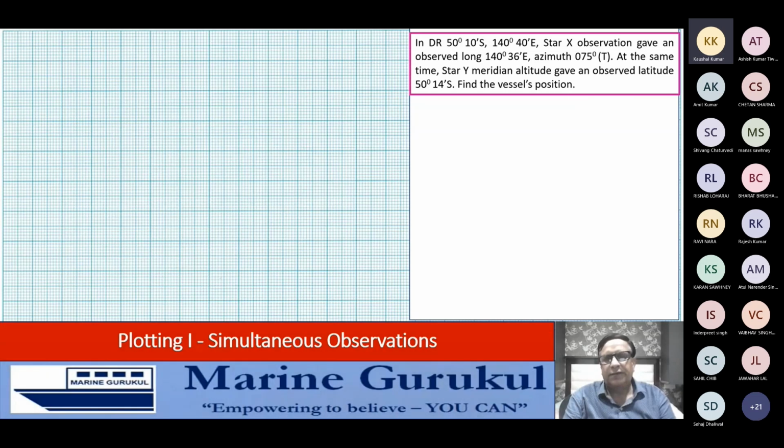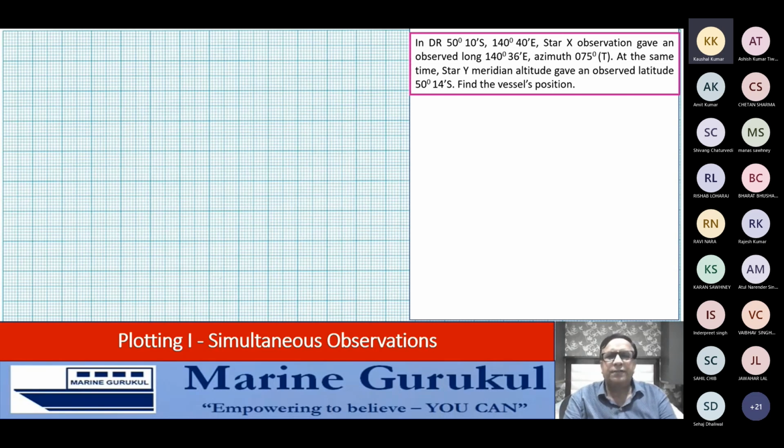In DR, 50 degrees 10 minutes south, 140 degrees 40 minutes east, star X observation gave an observed long 140 degrees 36 minutes east. Azimuth 075 degrees true. At the same time, star Y meridian altitude gave an observed latitude 50 degrees 14 minutes south. Find the vessel's position.